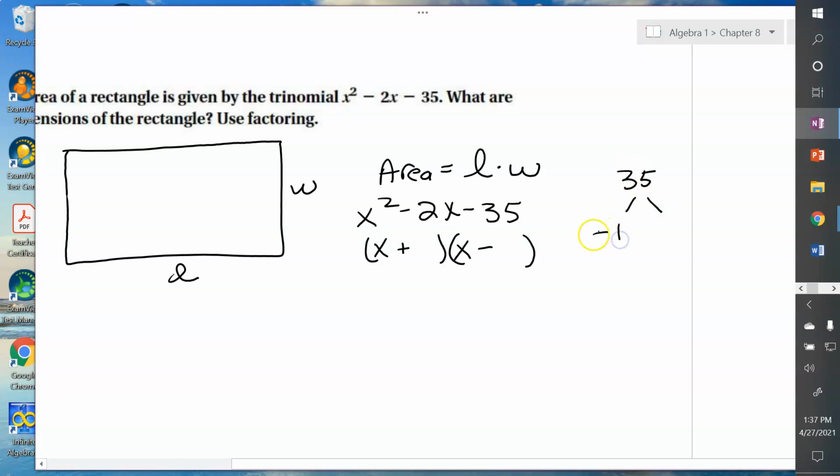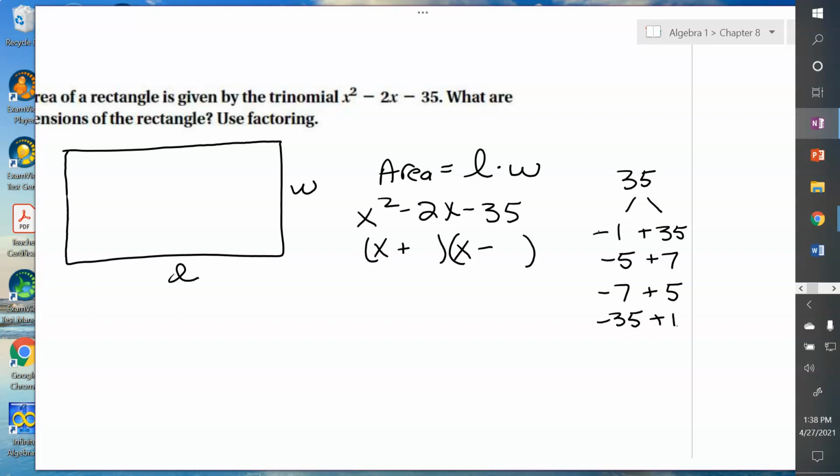So, negative 1 and 35, 2, negative 3, negative 4, negative 5 and positive 7, and then negative 7, positive 5, and then negative 35, positive 1. Which one of these adds to a negative 2? Well, that negative 2 means our larger number should be negative.